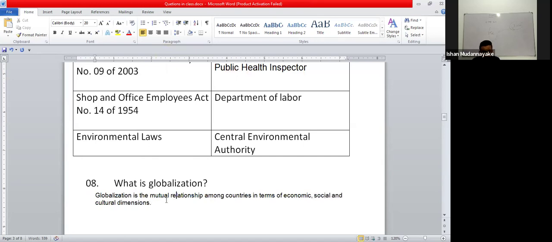Globalization is a mutual relationship among countries in terms of economic, social, and cultural dimensions. Now write down the answer. Okay, then done. Finish.